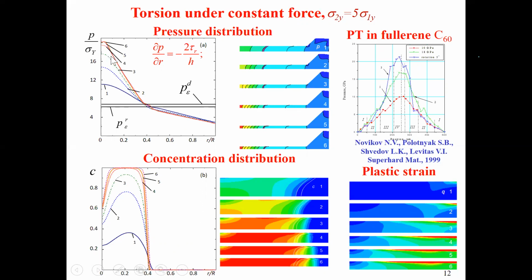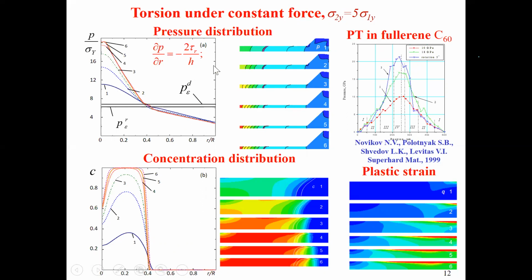And why? Because during compression at fixed force, this is a quarter of the sample, you see thickness reduces, and this compensates the volume reduction due to phase transition. And also the high pressure phase here is much stronger than the low pressure phase. Then friction is higher also.